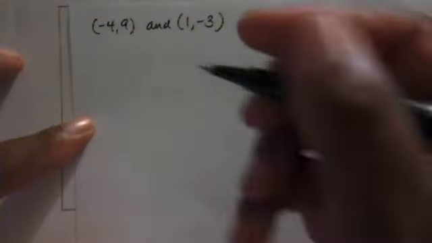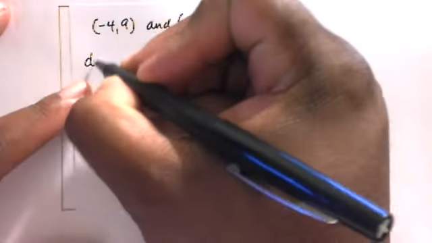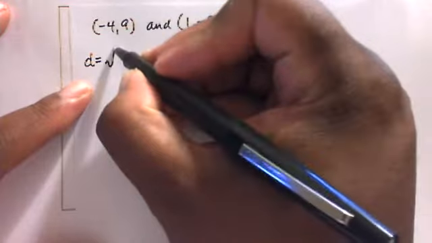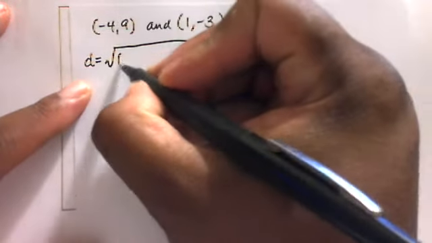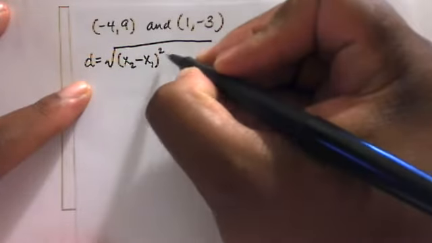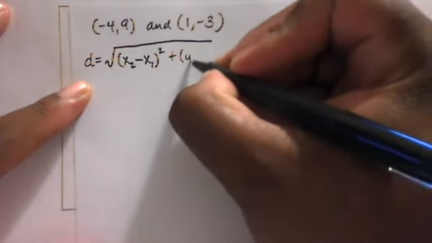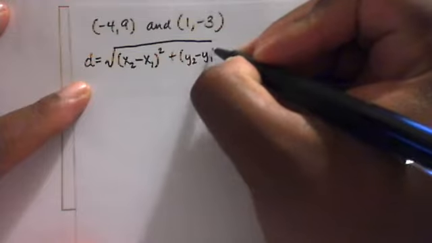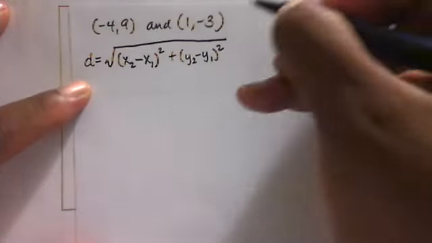And I want to find the distance between those 2 points. So here, the distance formula, of course, is the square root of x2 minus x1, and that's square, plus y2 minus y1, and that 2 is going to be squared.